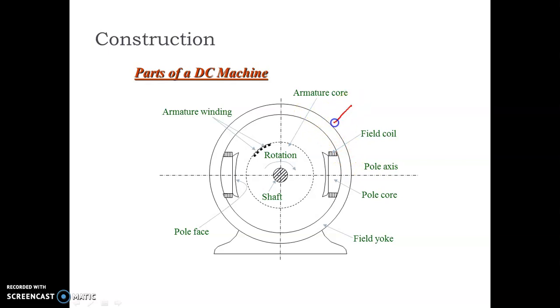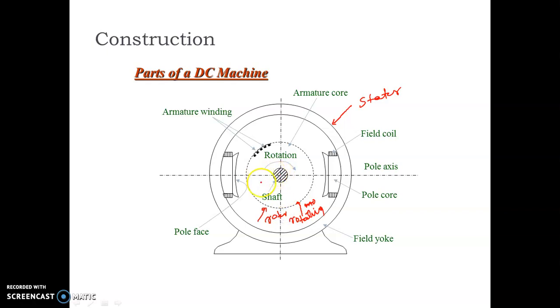This is called the stator. It protects the machine from the external side, and it is not moving, and this part is rotating. This part is rotating, so this is called the rotor.